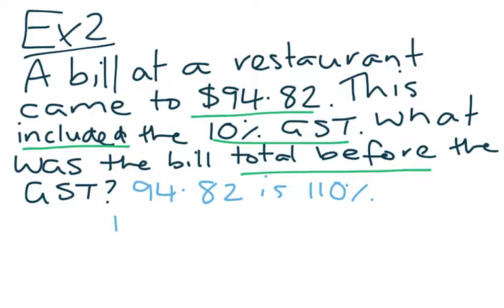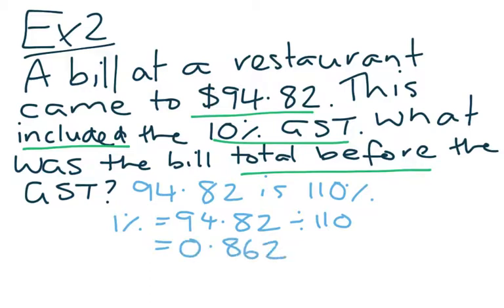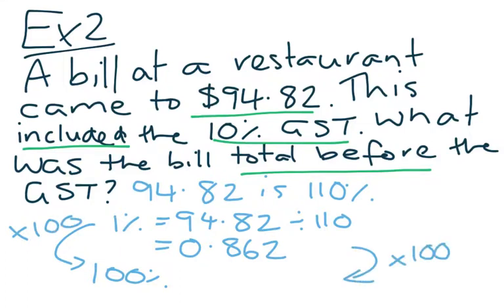So again, we find 1% by doing 94.82 divided by 110. If you do that, you should get 0.862. Then all we need to do is find the 100%, and just like before, we multiply it by 100. So we do the same to the other side, and you should have got that it is 86.20.